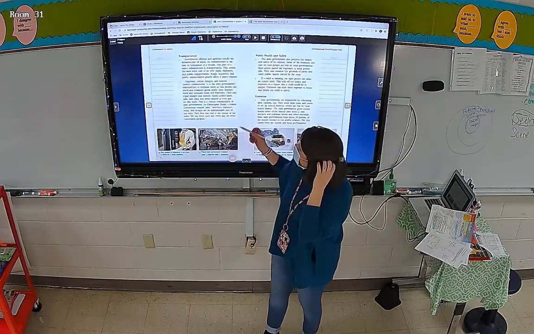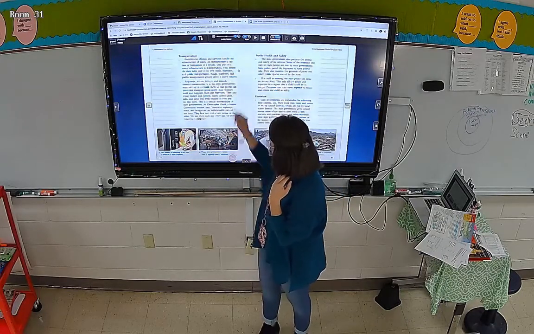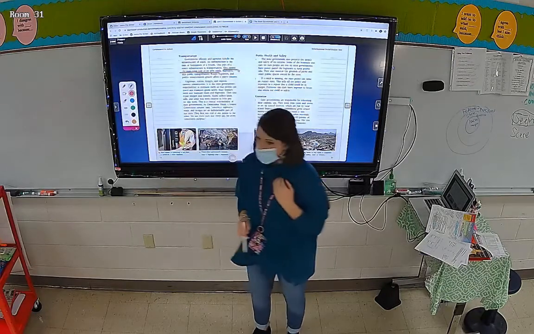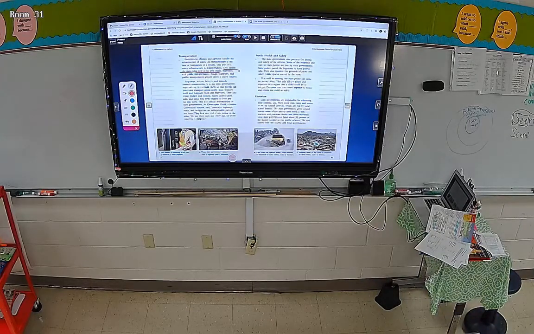Okay, so it says here, that means the state takes care of its own roads. Everybody highlight that. That is one way that they help with transportation. The state takes care of their own roads. They build them. When the roads get holes in them, they fix the holes.